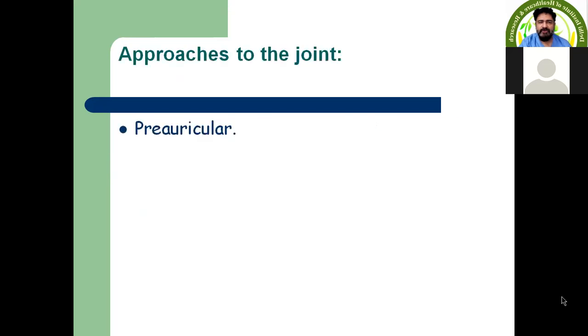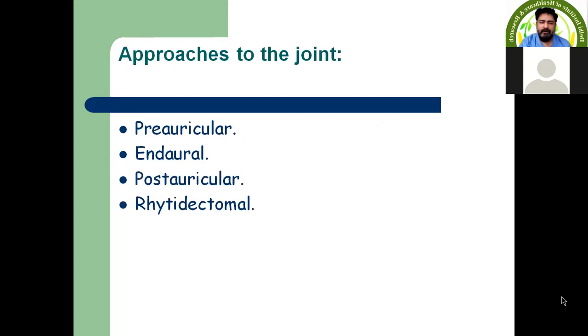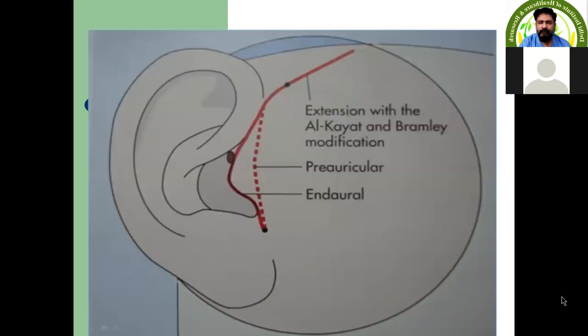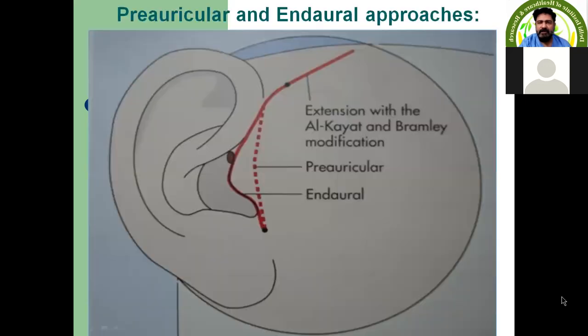So approaches to the joint are the pre-auricular approach, endaural approach, post-auricular approach, retromandibular and submandibular approach. So this is the classical extension with the Al-Kayat-Bramley modification here.